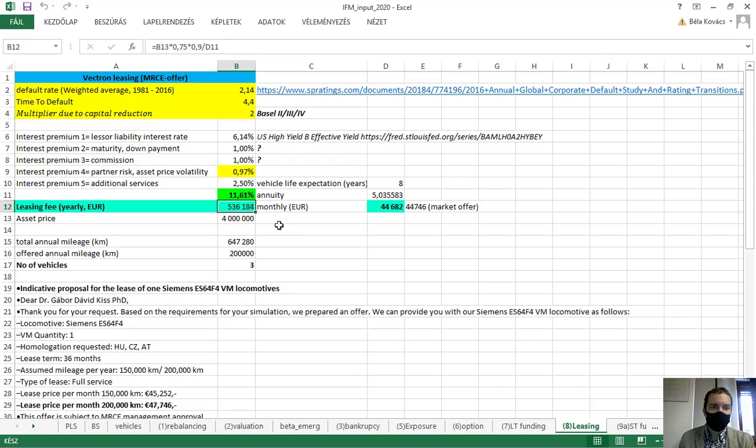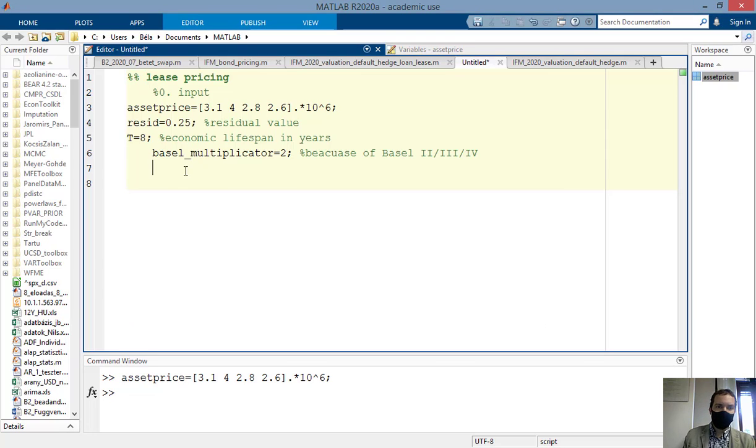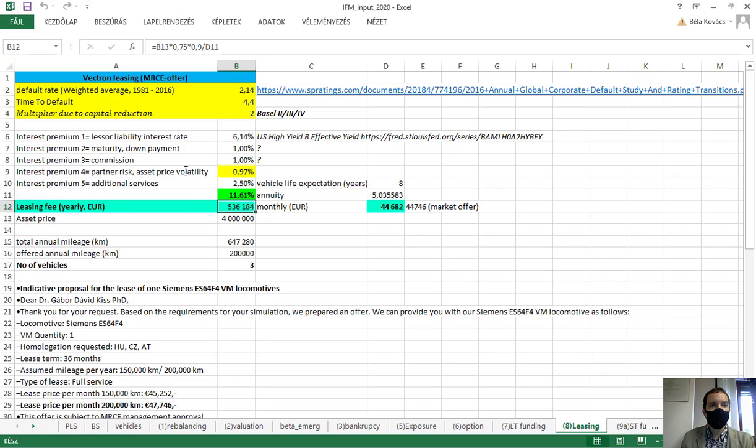And okay, after we did this, we have to define the different interest premiums. First of all, R0 equals the lessor's liability interest rate.